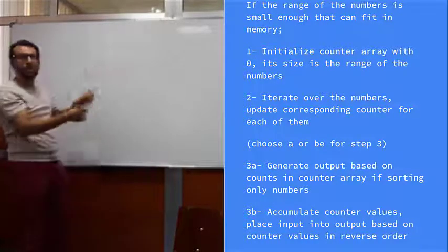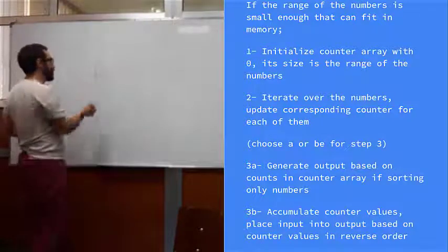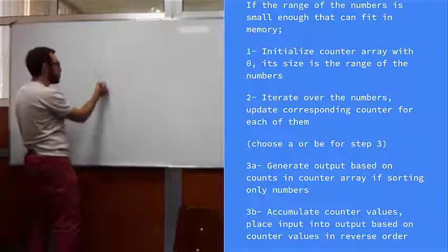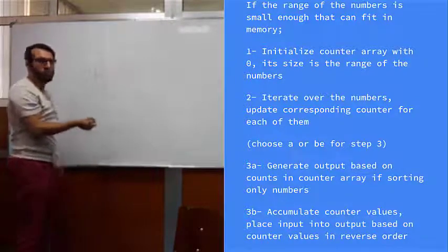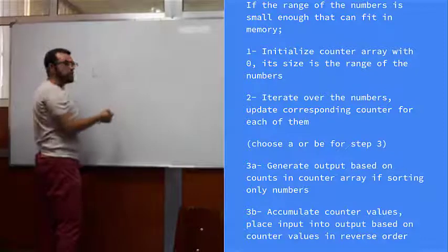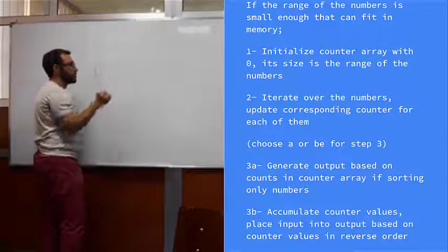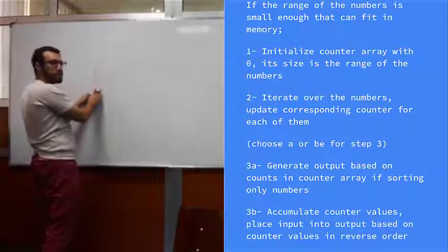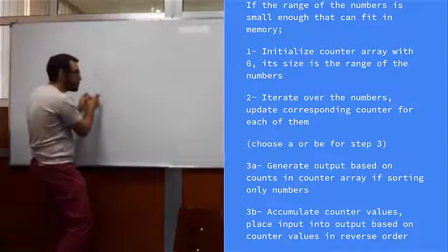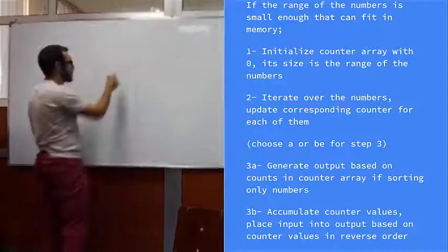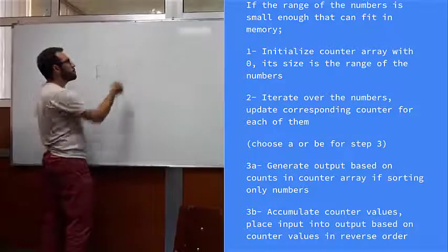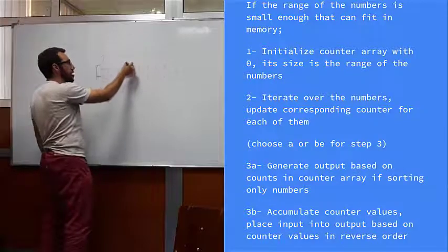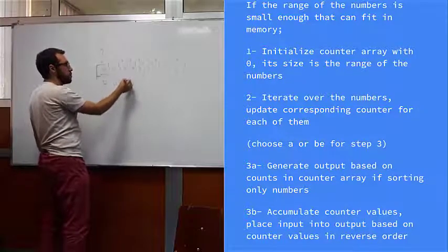So now let's generate the accumulated count array. How many elements do we have up to 0? 0, right? How many do we have up to 1? 0. How many do we have up to 2? 3. So basically the way we do this operation is we add count[i-1] into count[i]. This way we can accumulate it all, as we will see. So how many elements have we seen up to 3 so far? 7. Basically we accumulate the previous element into ours.